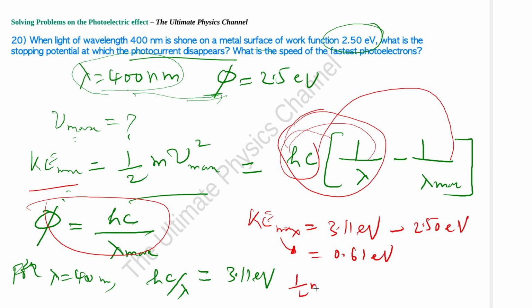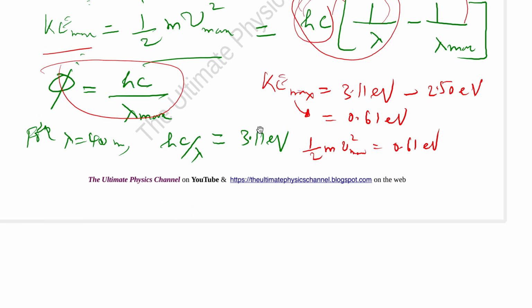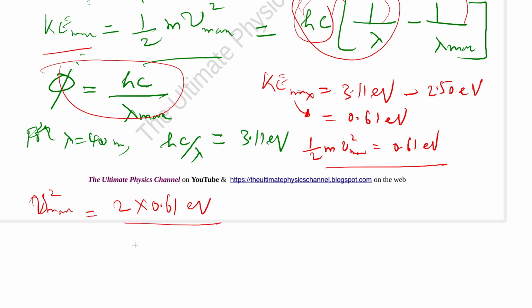So half m V max squared is 0.61 eV, and therefore V max squared is equal to 2 times 0.61 eV over m, that is the mass of the electron, 9.11 times 10 power minus 31 kg.